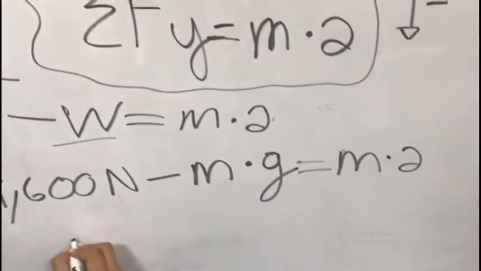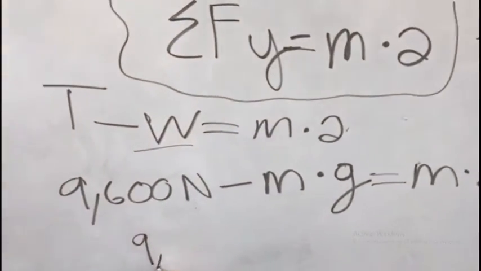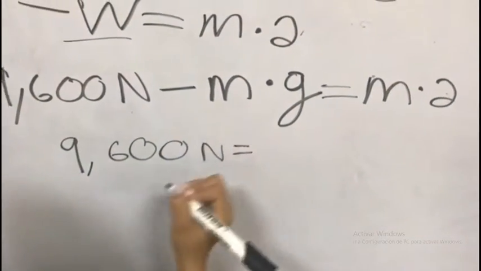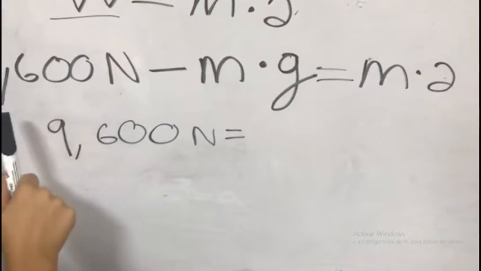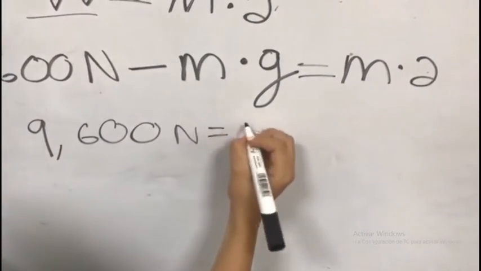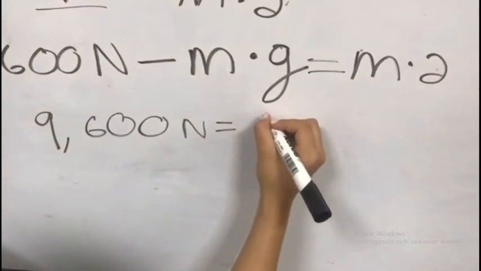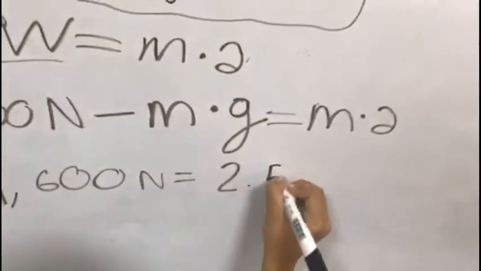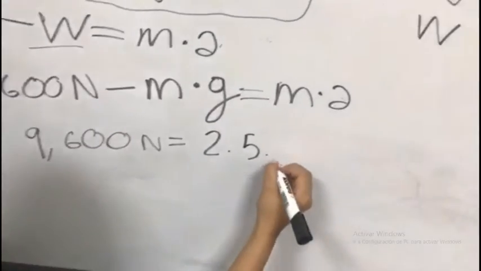Then we substitute again. We substitute tension, then equal to acceleration 2.5 meters per second.